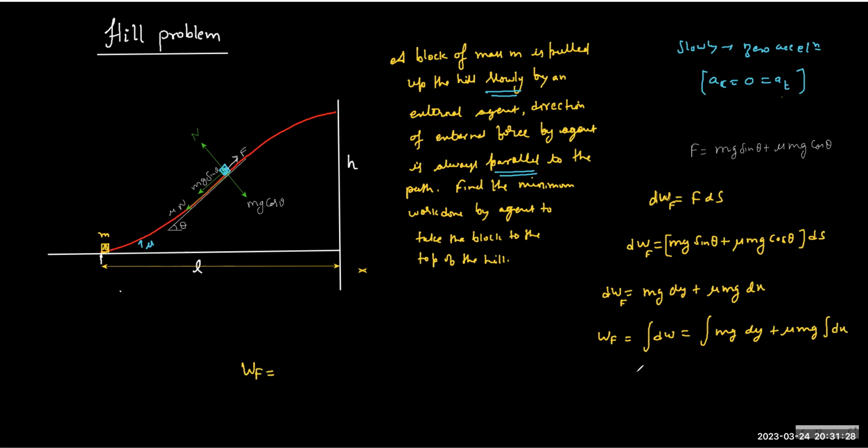So the first term will become 0 to h, second is mu mg times x. So you can see the answer is mgh plus mu mg x. And that's why this is a very crucial problem. That the ds way of writing, you write elementary work. So that is your learning from here. If you understand that I need to write elementary work for variable force, and then you have to think about whether it can be simplified further.